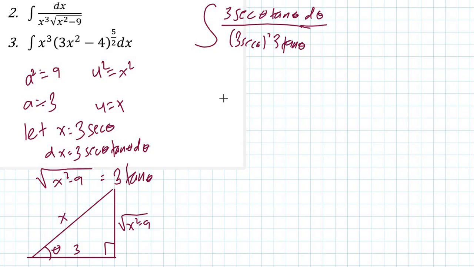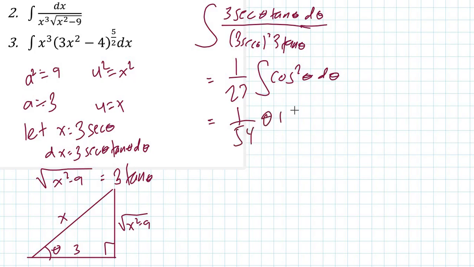If you're going to simplify this, I'm going to leave that to you. You get 1 over 27 times the integral of cosine squared theta d theta, which the final integral in theta gives us 1 over 54 theta plus 1 over 108 sine 2 theta.